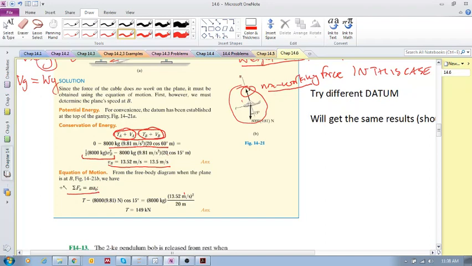So we got T, that's your tension in the positive direction, minus W cos 15. Those are the forces. It equals m v squared over rho. If this rho is constant, then the higher your velocity, the higher the tension is going to be. And we calculate our tension at B equal to 149 kilonewtons.